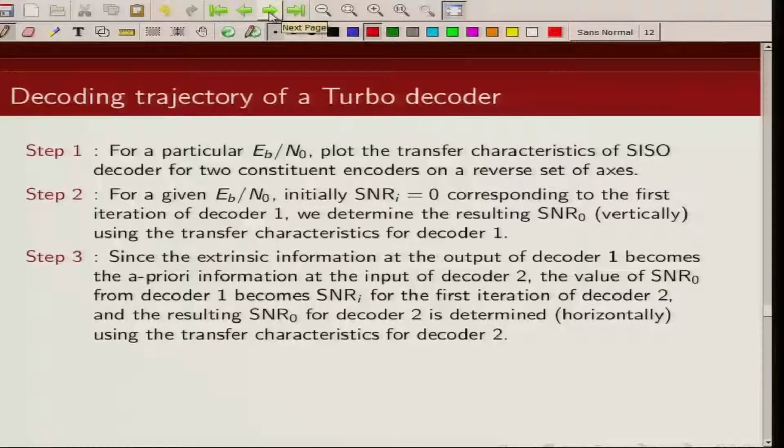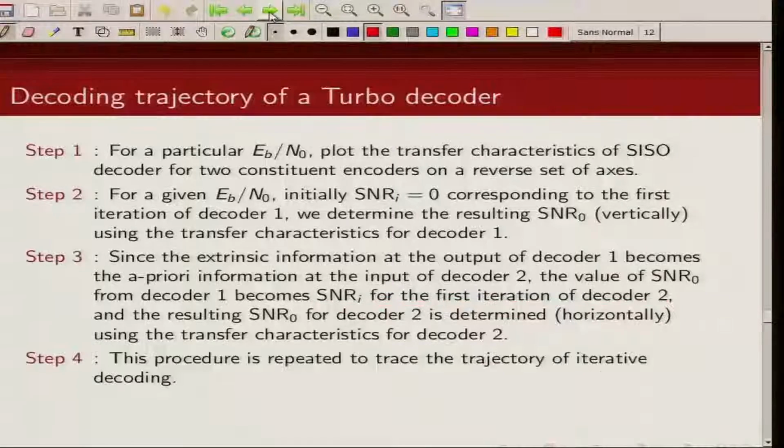Since the extrinsic information from the first decoder is the a priori value for the second decoder, that extrinsic information now becomes the SNR in for decoder 2. So the SNR out that we got from the transfer characteristics of decoder 1 is our new a priori SNR in for decoder 2.